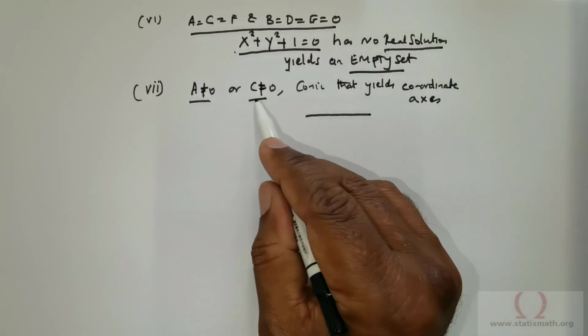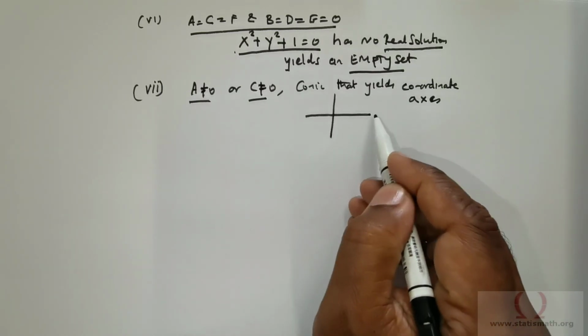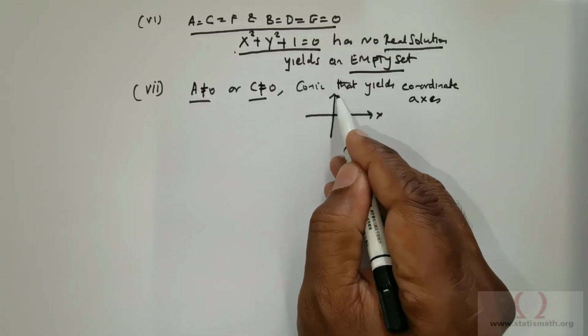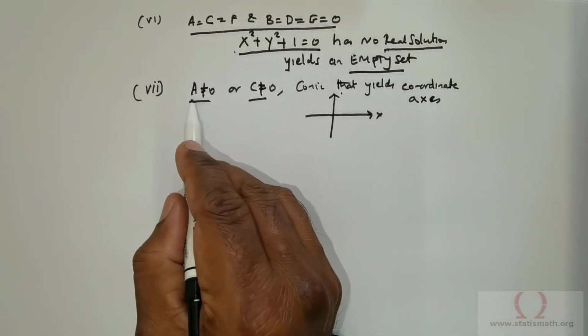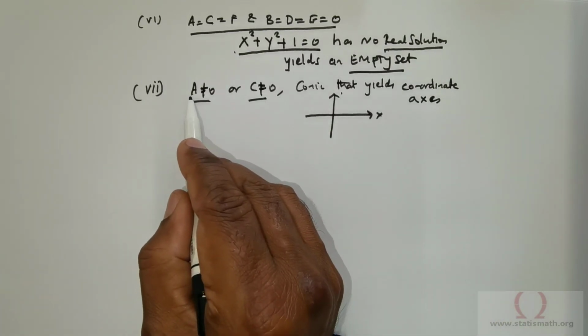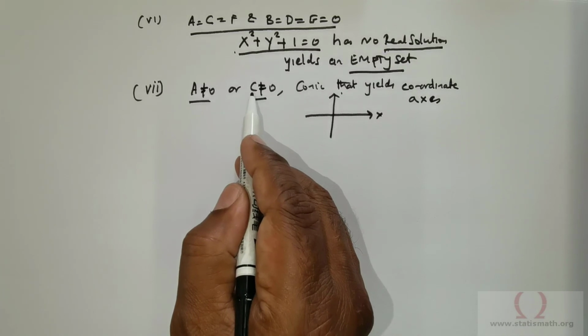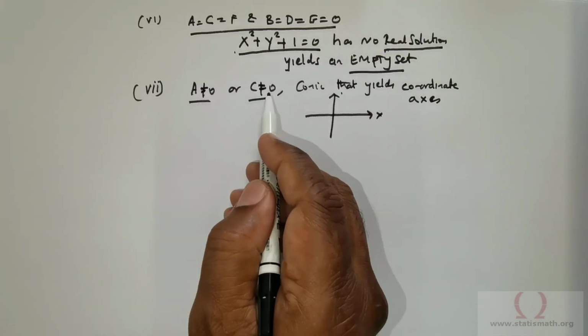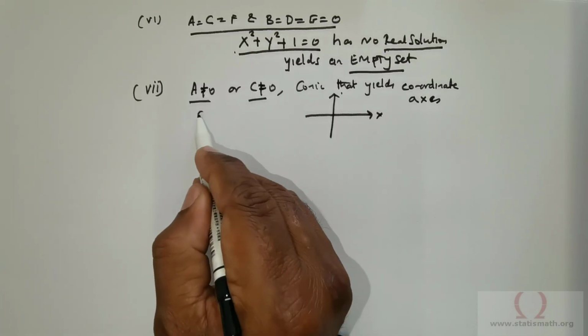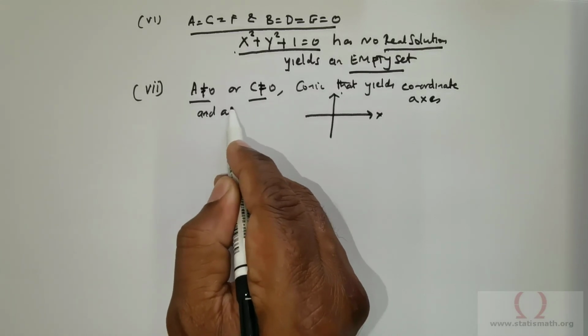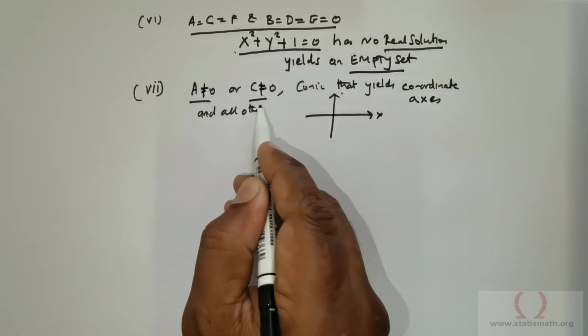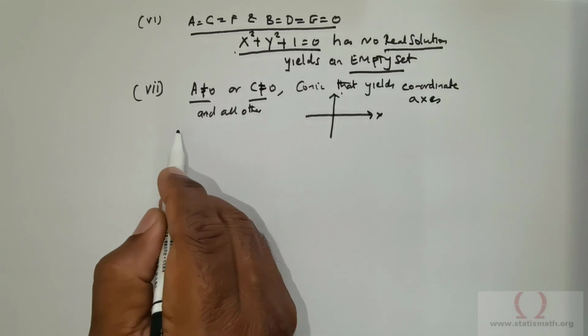So to generate the coordinate axis from the given conic, you have to make A and C not equal to 0, and all other quantities 0.